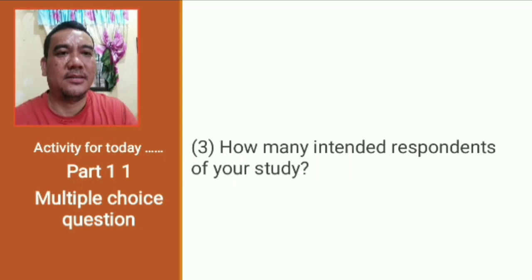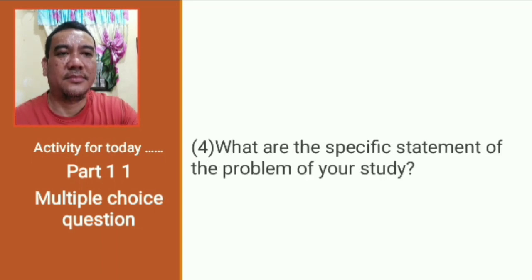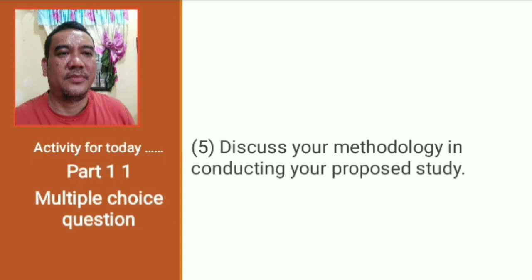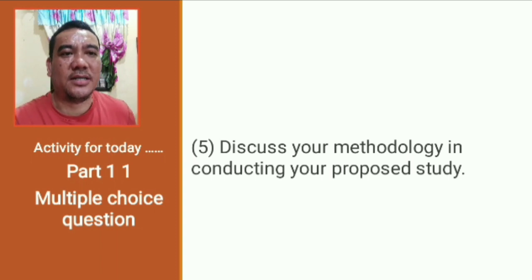Number 3. How many intended respondents of your study? Number 4. What are the specific statements of the problem of your study? And number 5. Discuss your methodology in conducting your proposed study.